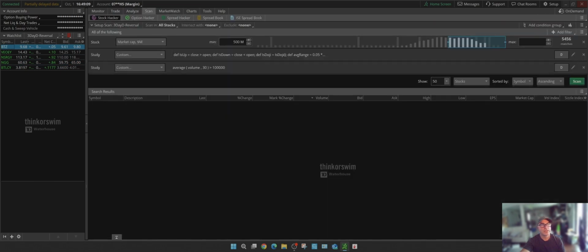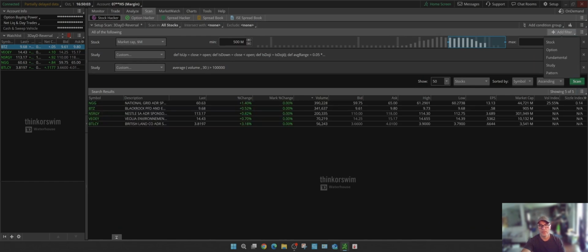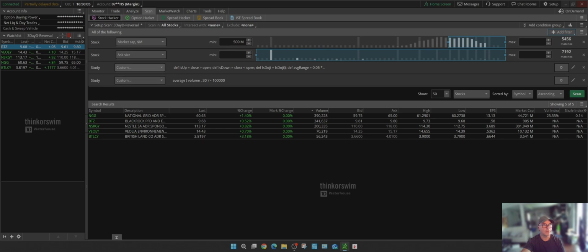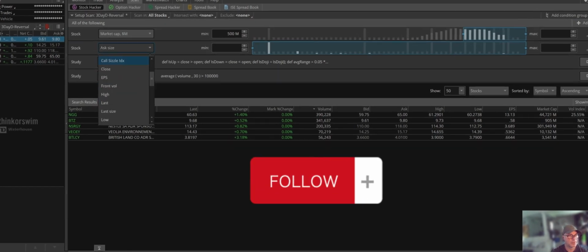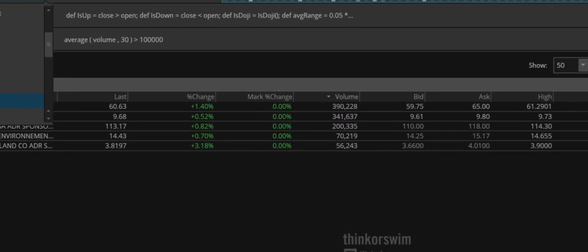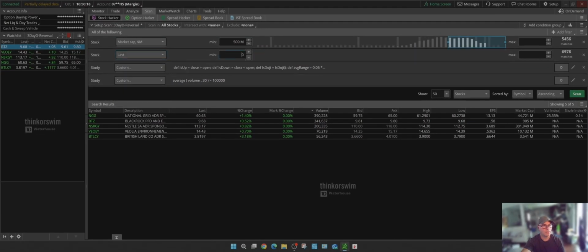Let's tweak our scanner a little bit more, and let's say we want this stock to have a price above whatever price you want. $2, so we are not dealing with penny stocks.